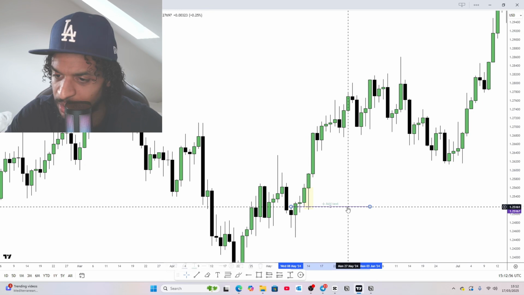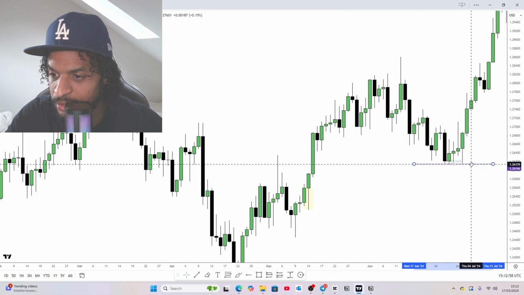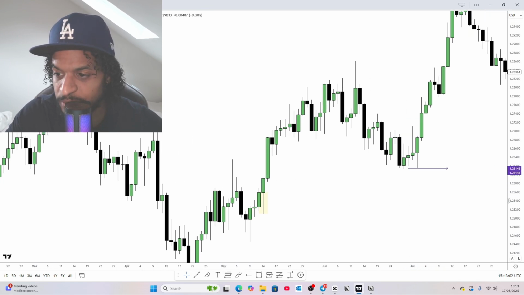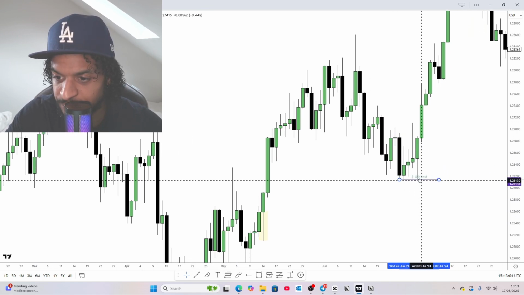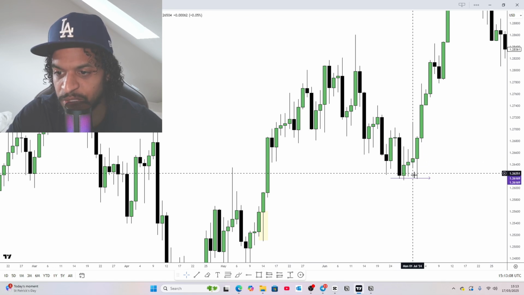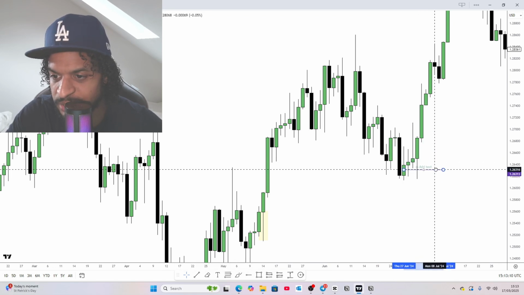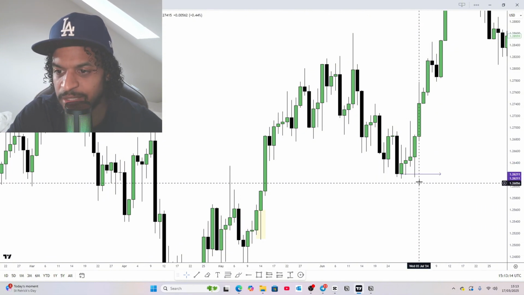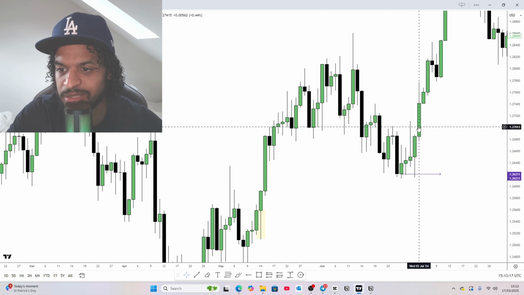So again, just continuing off of what this market is showing us, right? If we just look at this here, we have the previous day's low captured, then we start getting some bullish price action. We have one more retest here, which is capturing this daily low, capturing this daily low, but then it starts to actually continue to the upside.